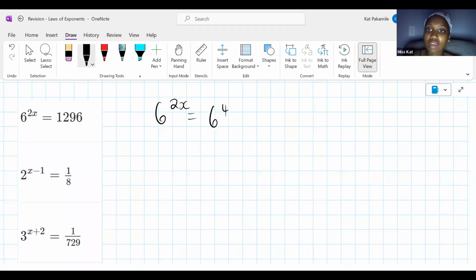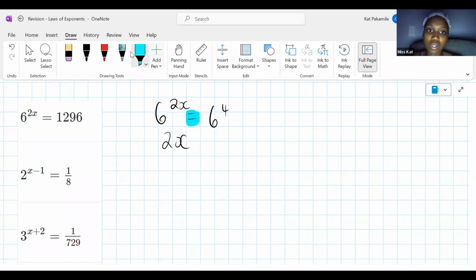So once we have that, we have the same bases. What can we do to the exponents? You say 2x, you say 2 minus 4 or 4 minus 2. I think one of the two. There's an equal sign in the middle.